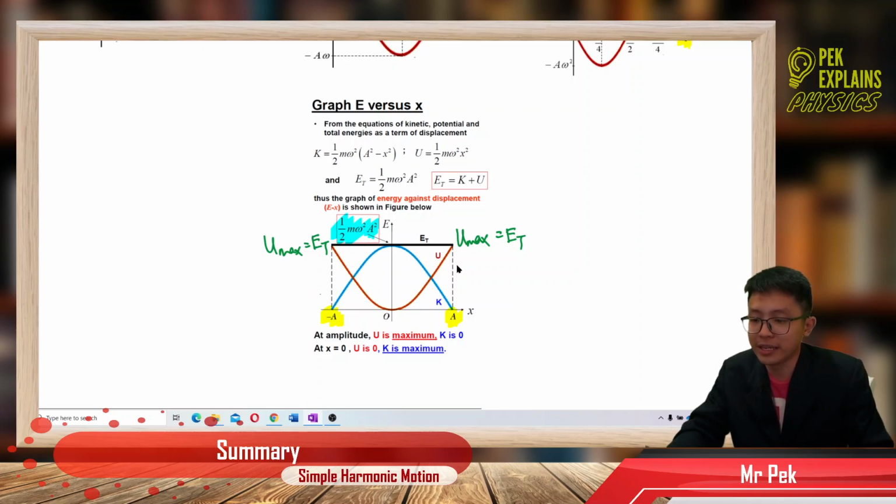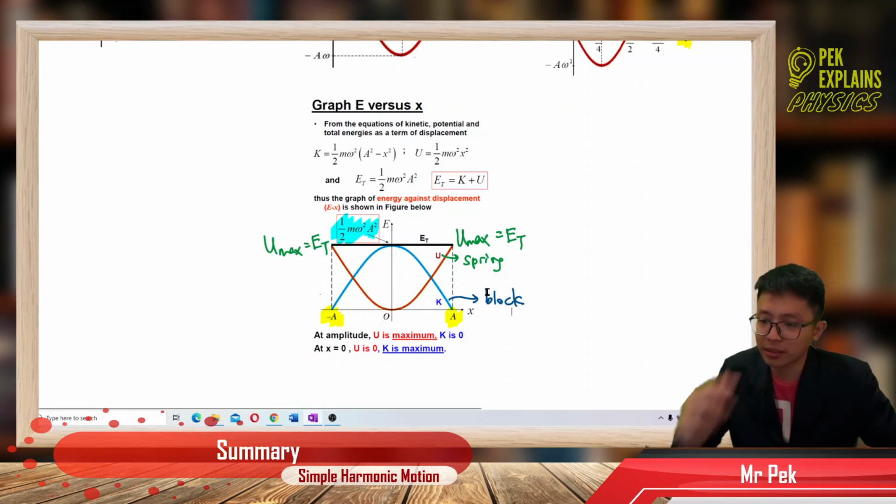But for the kinetic energy, the maximum is at the equilibrium. Why? When we talk about potential energy, it is the spring. When we talk about kinetic energy, we talk about the block.